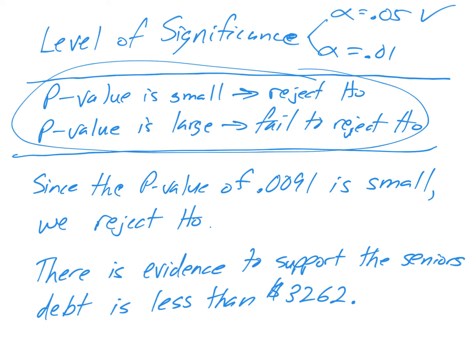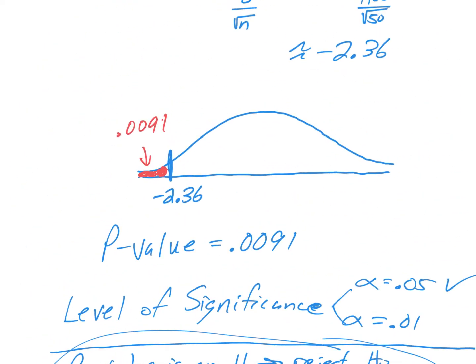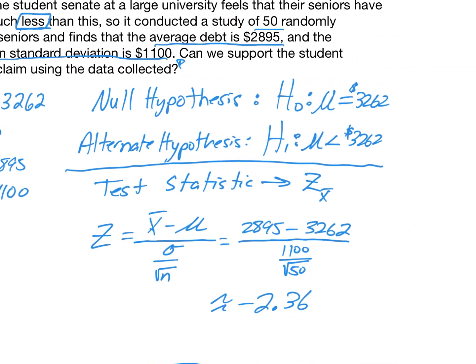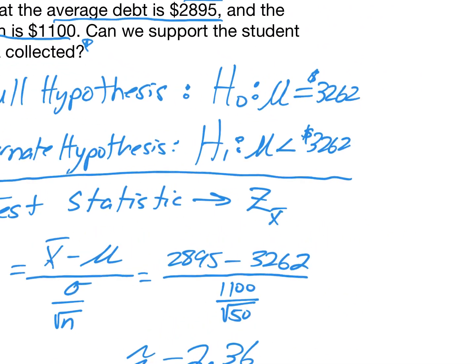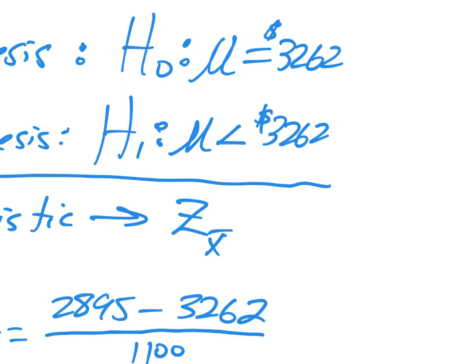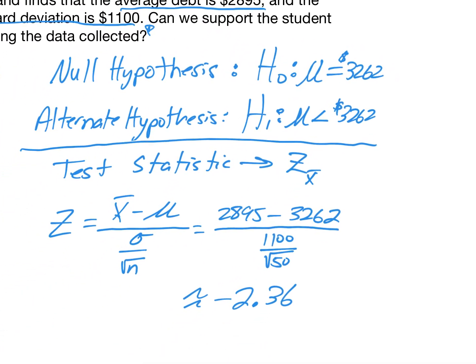So if you go back and look at the alternate hypothesis, that's the one that's going to be true. Because if you reject H naught, that means H1 is true. If I come up here real quick to H1, you see H1 says mu is less than 3262.